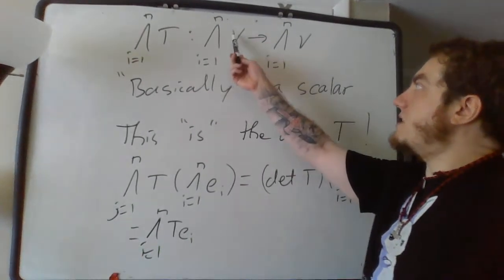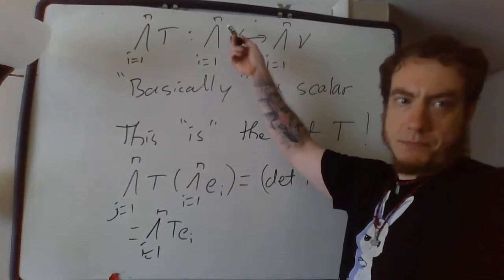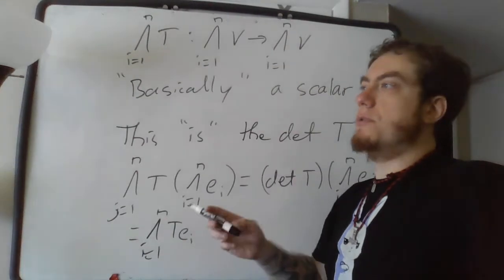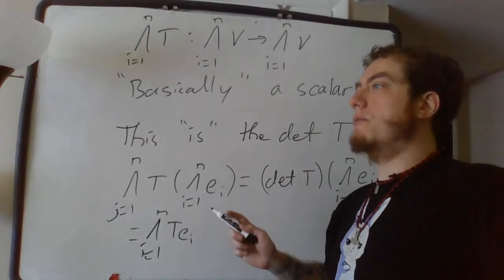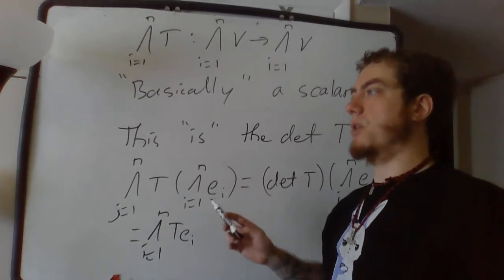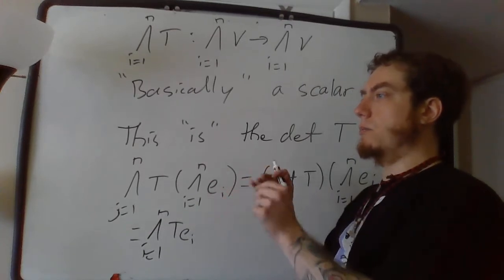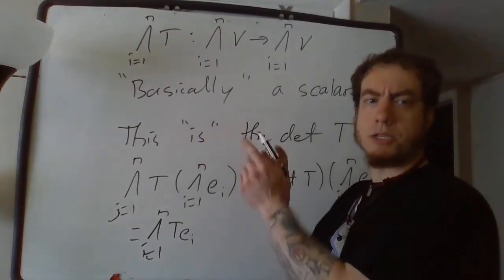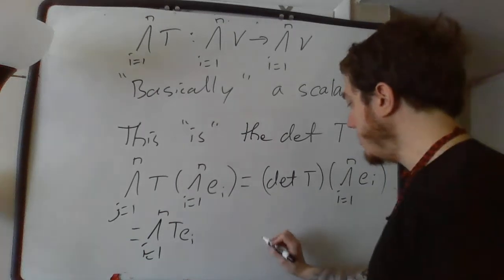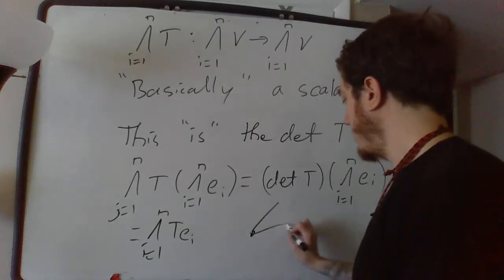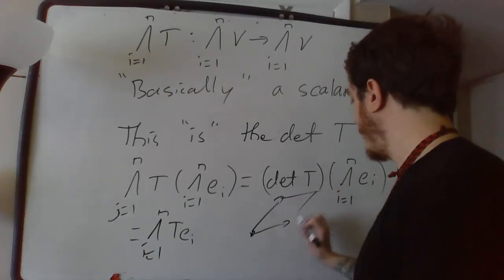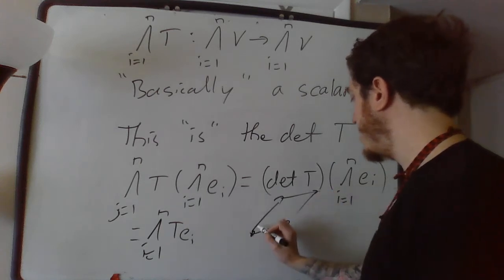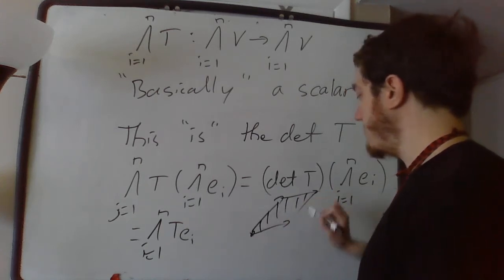So an element of this wedge product basically tells you the volume of the, what do you call these things? In 2 dimensions, I could have 2 vectors, and the wedge product would effectively give me the area of this thing between them.